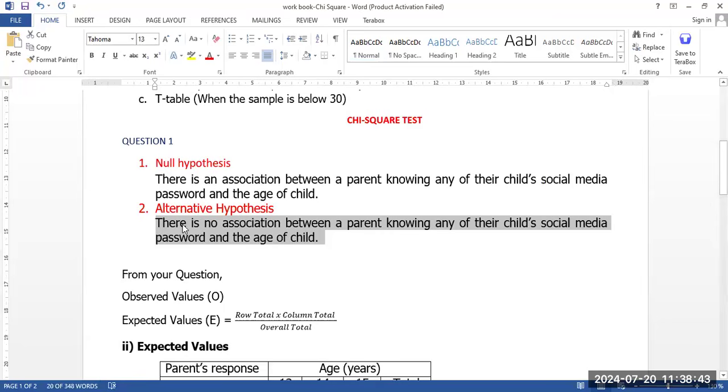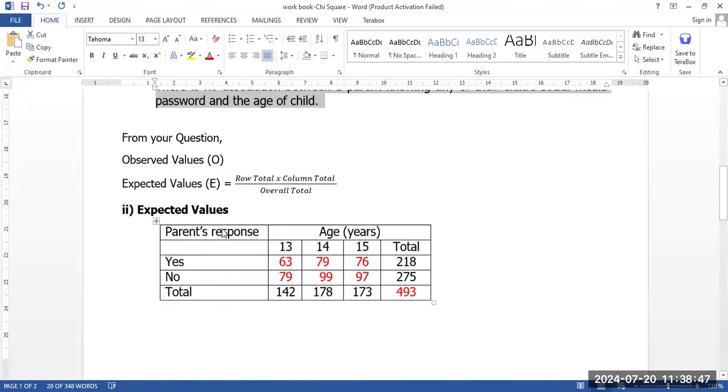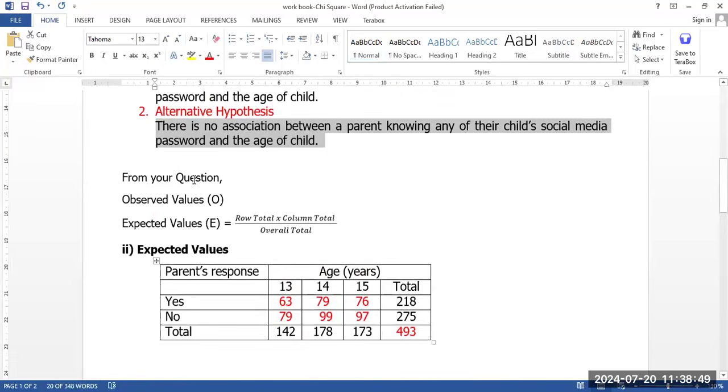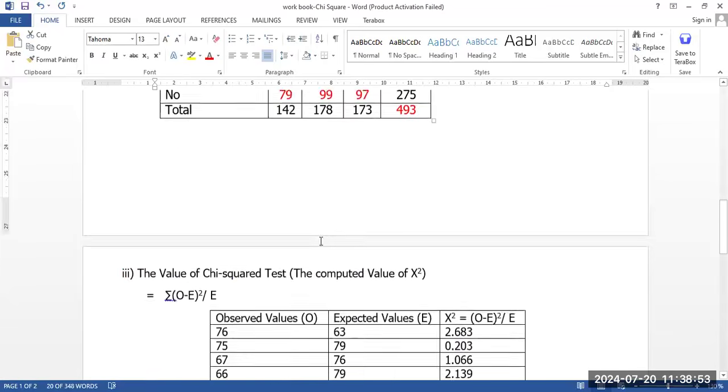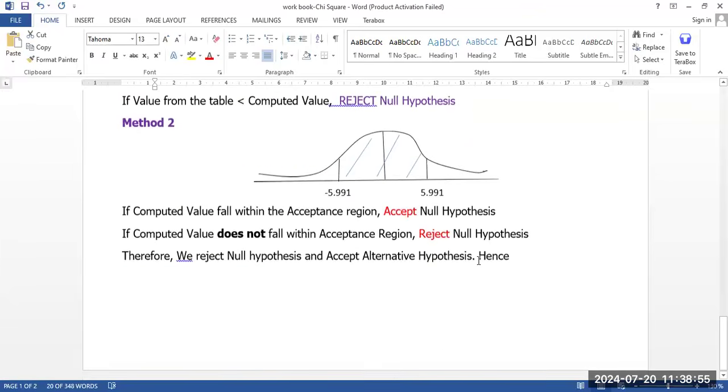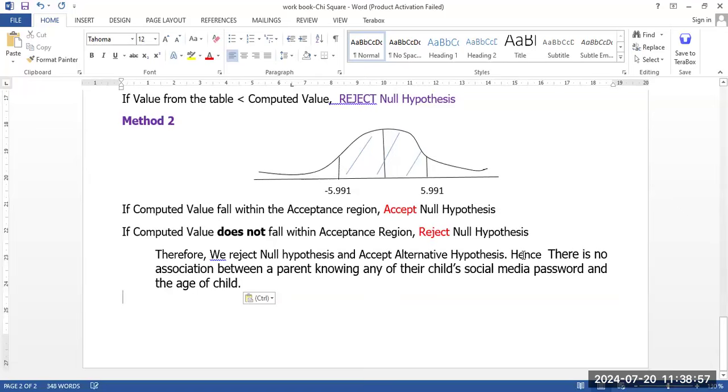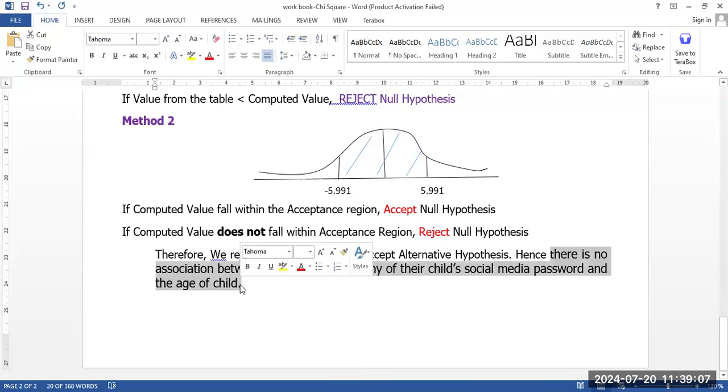Hence, now put this statement: hence, there is no relationship. Because the conclusion you are putting here is your alternative hypothesis.